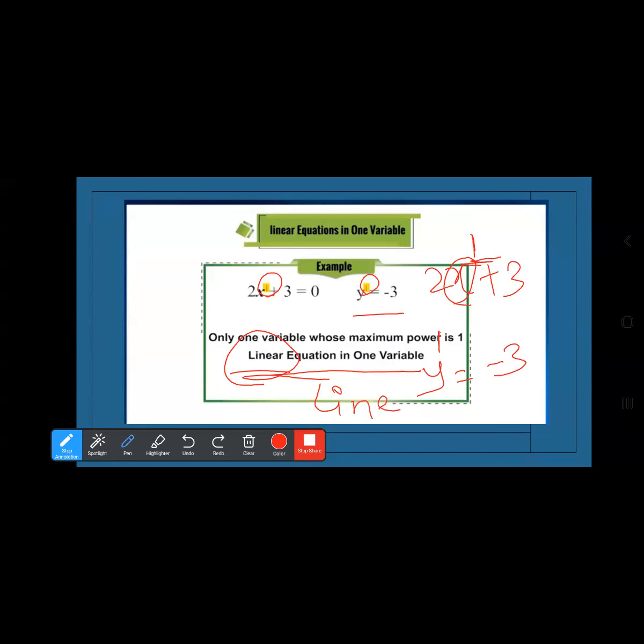That means if you draw a graph of these two equations, you will always get a straight line. So that is the meaning of linear equation. Here I displayed two equations in which only one variable is used and the highest degree of that variable is 1, and hence it is called a linear equation in one variable.